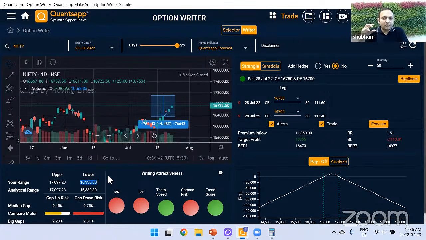Now, keeping that reward to risk of 1:1, I need to maximize my profit, because when I'm selling option, I'm paying almost the same margin to the exchange, irrespective of which option I'm choosing. Almost, if you see, I'm going to give the same margin to the exchange. So with 1:1, my focus would be, or what I want to find is that which will be the strategy.